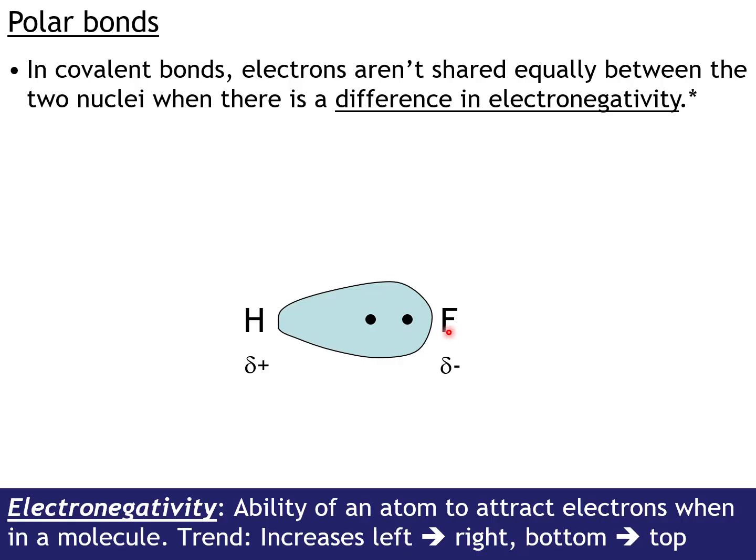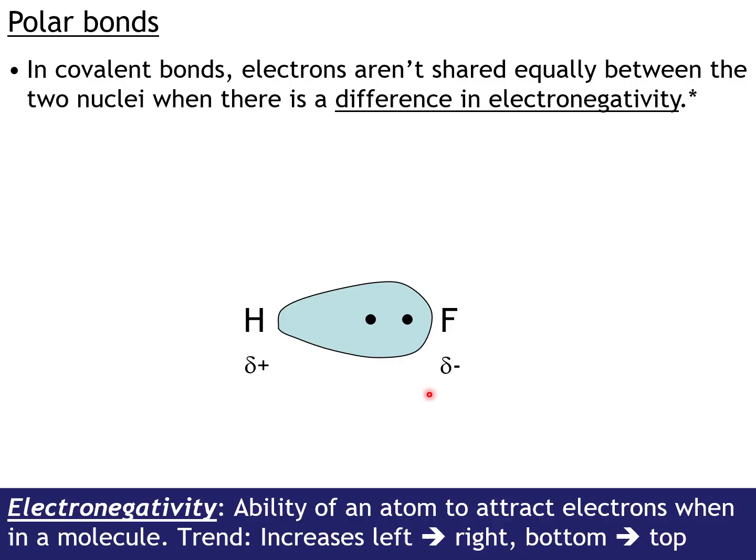Fluorine's Pauling electronegativity is like 3.8, 2.98, 4, somewhere in there, and hydrogen is more like 2. The electrons are going to spend more time over by the fluorine. And so this is going to give it a small negative charge. That's a permanent negative charge. This little delta just means that it's not quite -1.